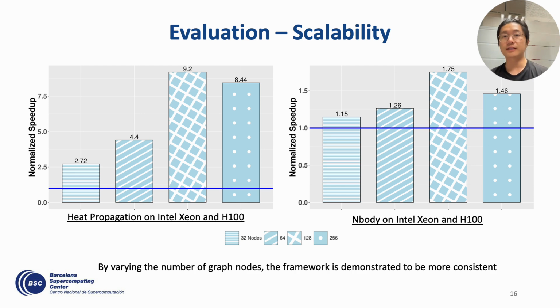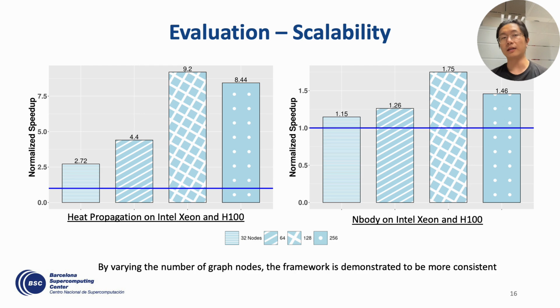Then let's look at the scalability test results from the task graph on the GPUs. I show here the heat propagation on the left side on the data center node, and the n-body simulation on the right hand side of the slide, again on the data center node. We are varying the number of tasks, or the number of nodes in the graph.